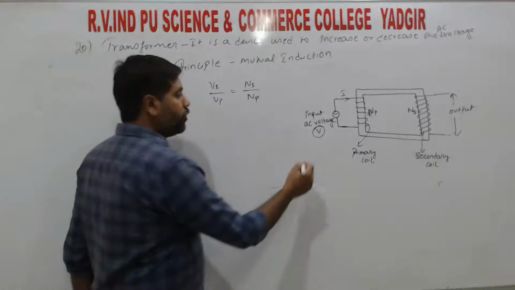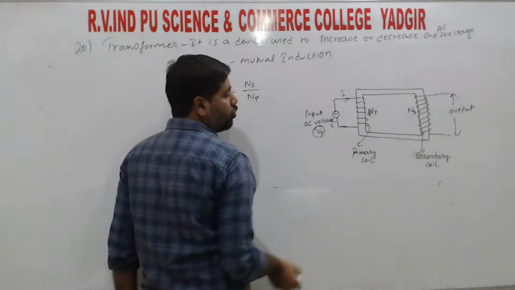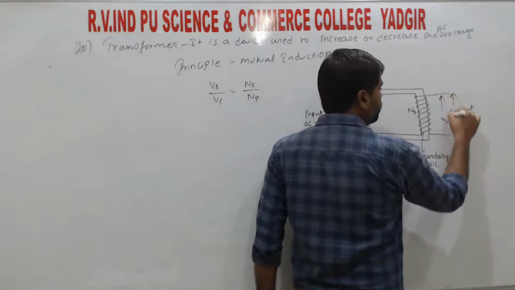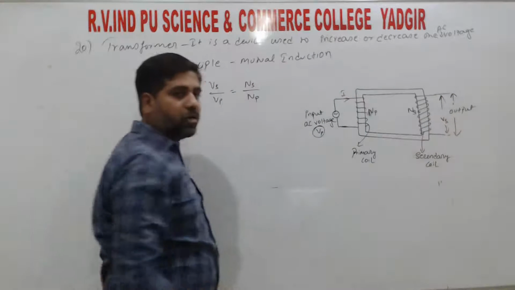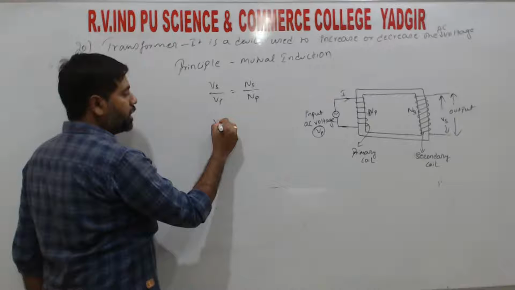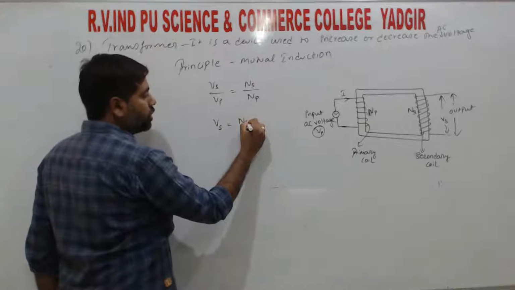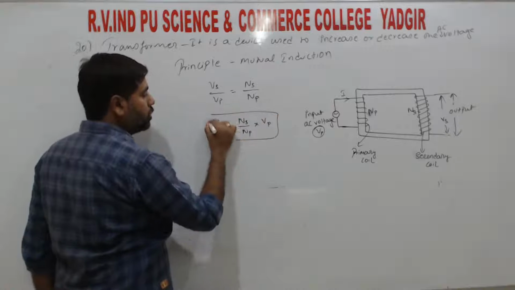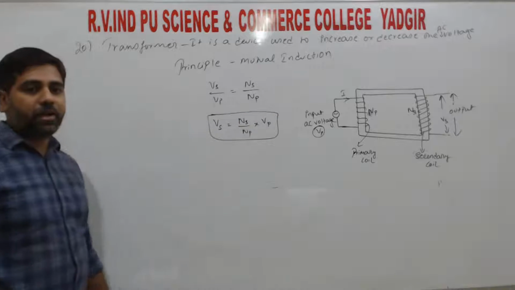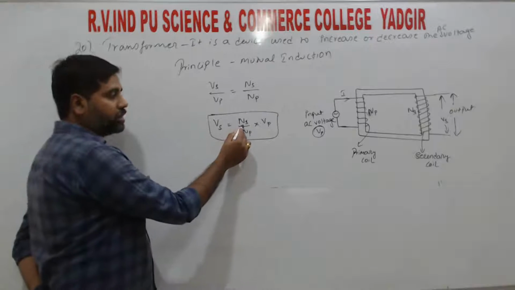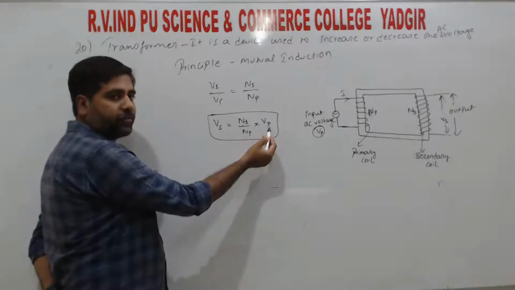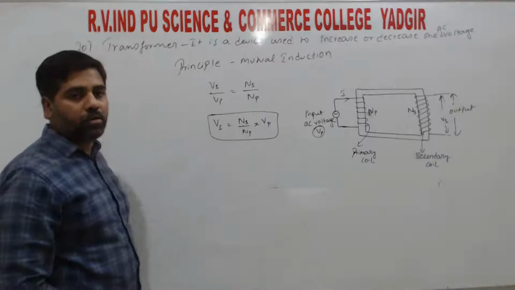Vp is the voltage across the primary coil, and Vs is the voltage across the secondary coil. We need the voltage across the secondary coil, right? So Vs equals Ns by Np into Vp. So the voltage across the secondary coil depends on the number of turns in the secondary coil, the number of turns in the primary coil, and the voltage applied across the primary coil.